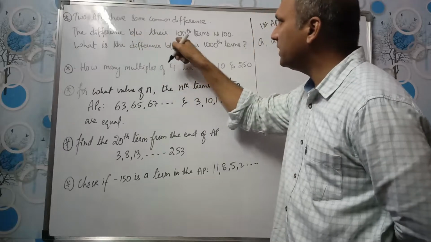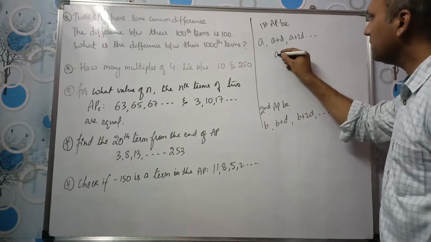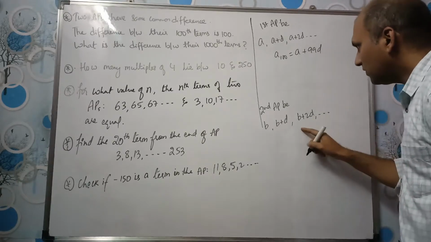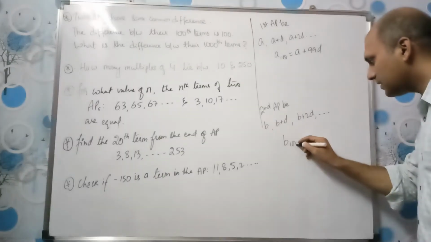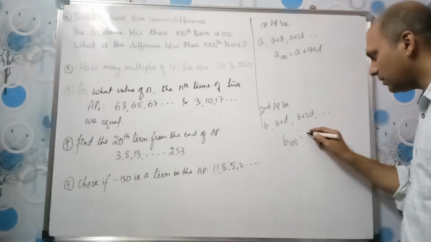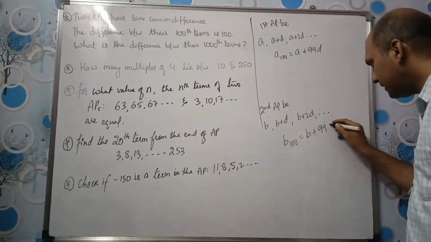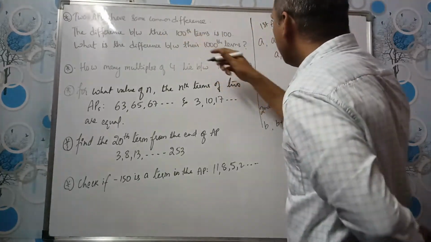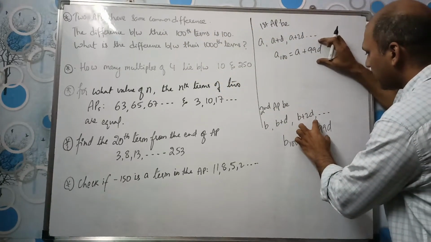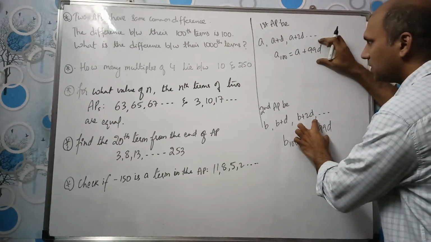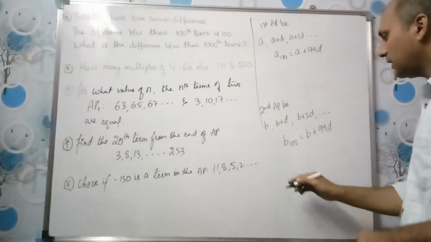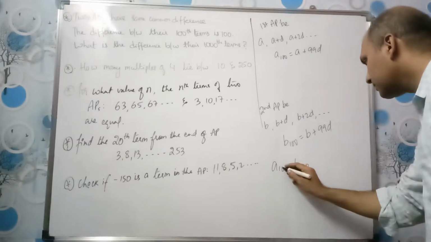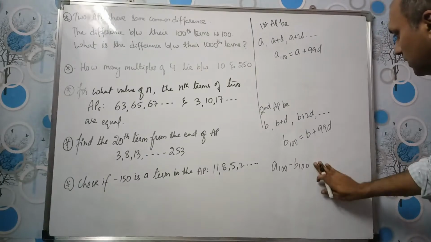The difference between the 100th terms. What is the 100th term here? A100 will be A plus 99D. What will be the 100th term here? Let us represent it by B100. B100 will be B plus 99D. Right? And the difference is 100. So A100 minus B100 is equal to how much?